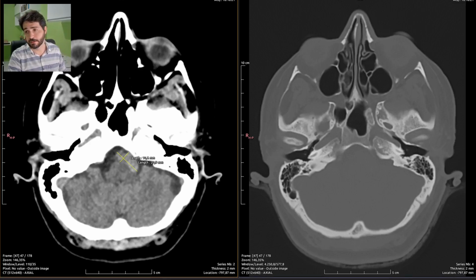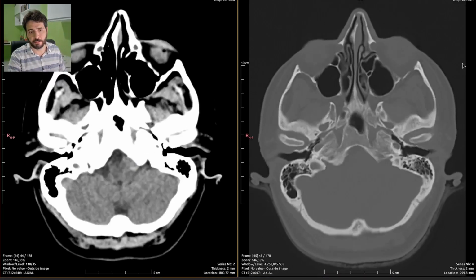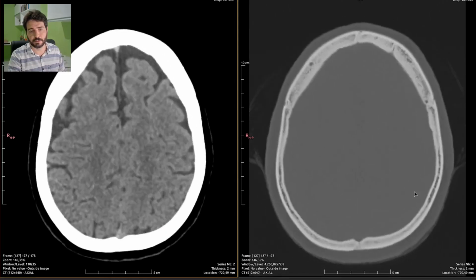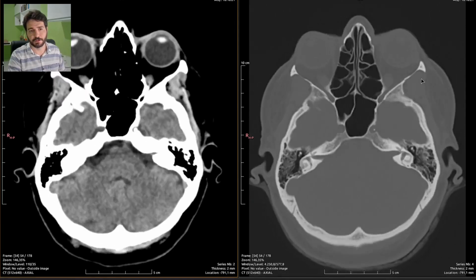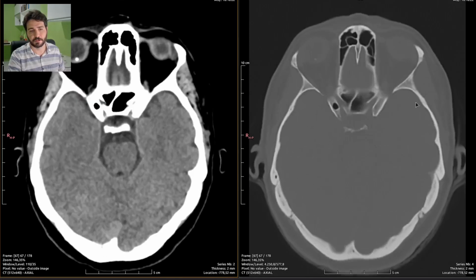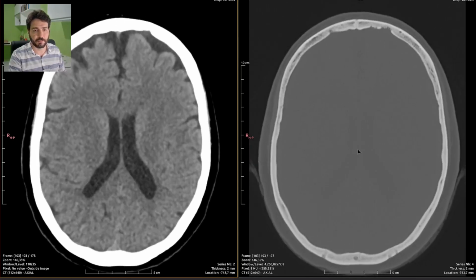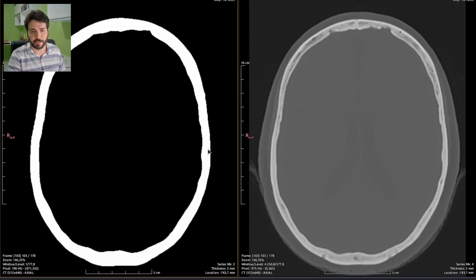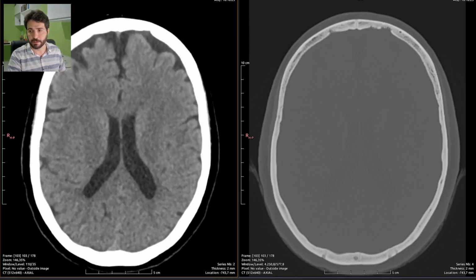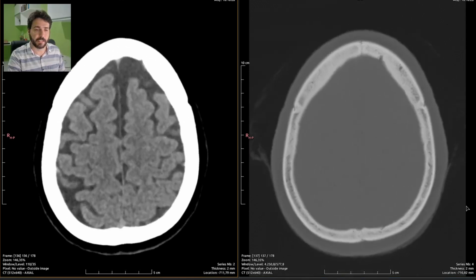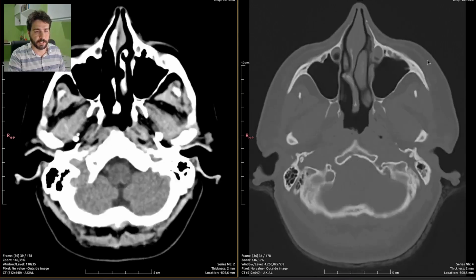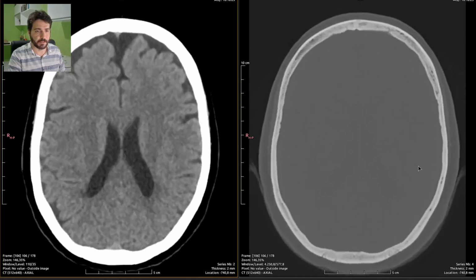So there is actually no sign of stroke or stroke-related lesions. So this patient didn't suffer a stroke, or at least didn't suffer a big enough stroke to be readily and easily diagnosed by a CT scan 2 weeks after the symptoms arise.